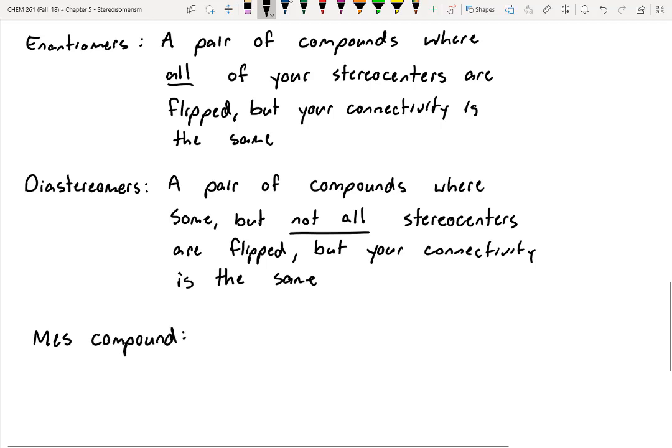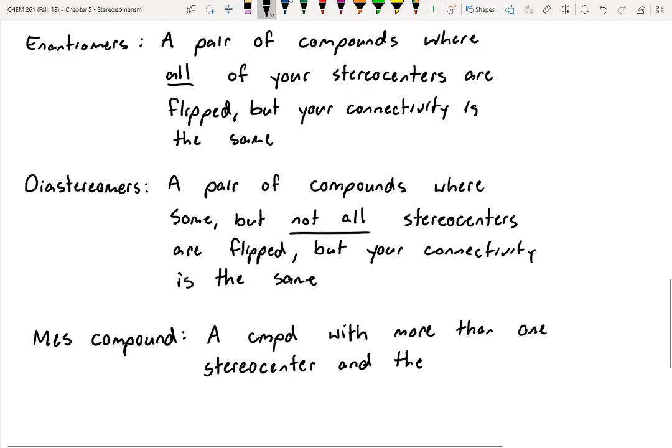A meso compound is a compound with more than one stereocenter, where the left and right hand side are the same.